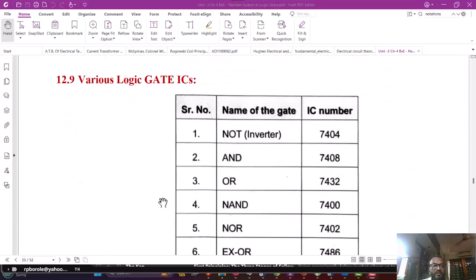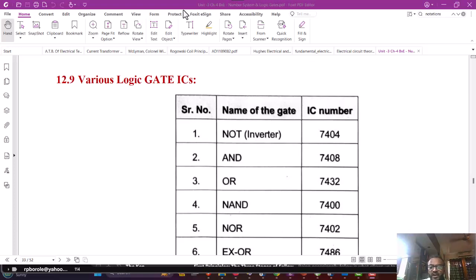Various types of logic gate ICs available in the digital electronics laboratories: for the NOT gate inverter, the IC is 7404. Basically, it is LM7404, from National Semiconductor. There are many semiconductor companies that manufacture all these digital ICs.